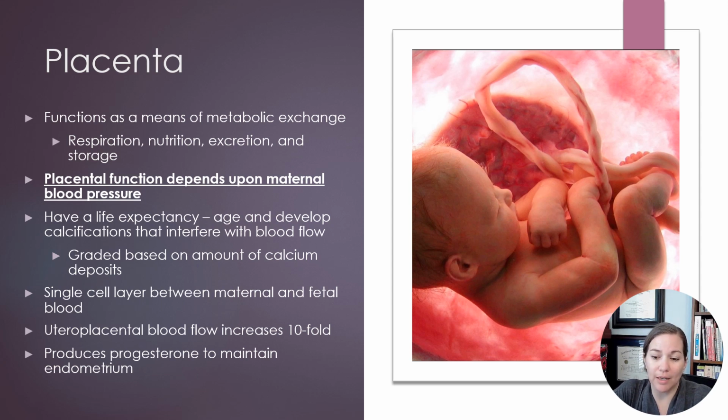They do grade placentas, and they look at it in pathology to see the extent of the calcium deposits and to see what level it is. They can actually grade placentas by ultrasound as well, and that can be predictive of how well the baby's going to tolerate labor as well.